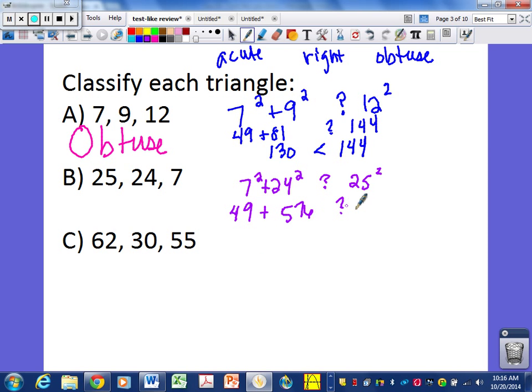How does that compare to 625? If we add these two things together, we get 625 is equal to 625. So this must be a right triangle.